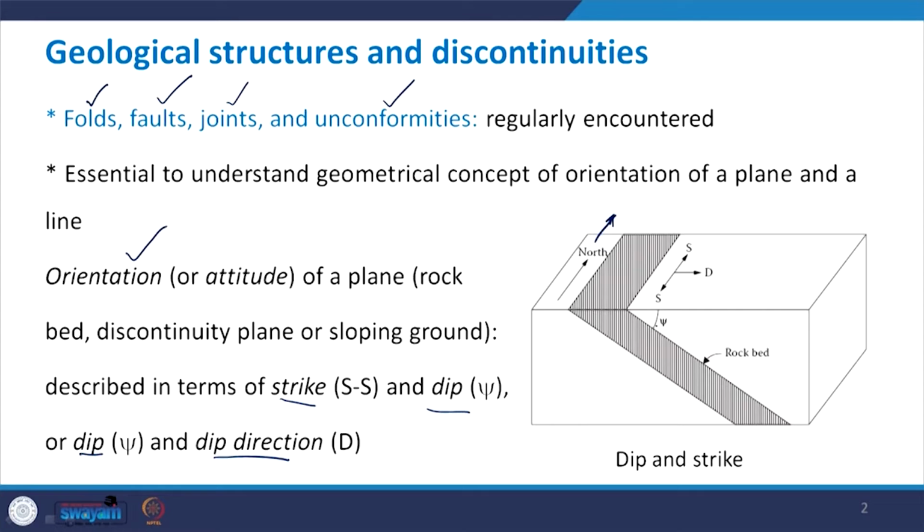Then this is the rock bed whose inclination we want to represent graphically. Wherever it intersects the horizontal plane, the horizontal trace, that is the strike, which is represented as SS.